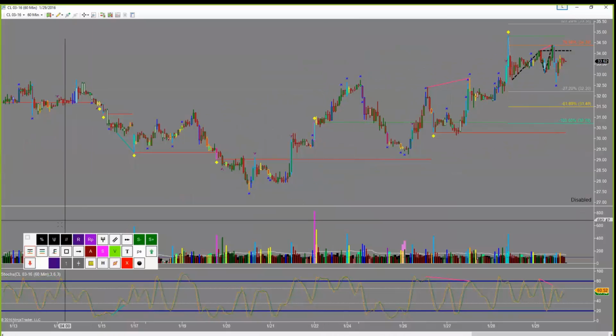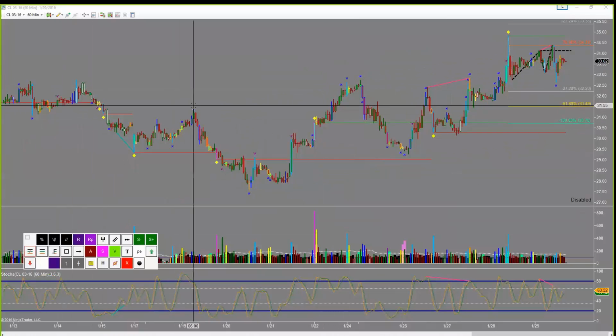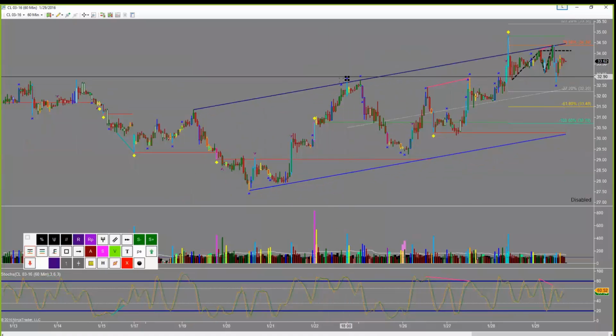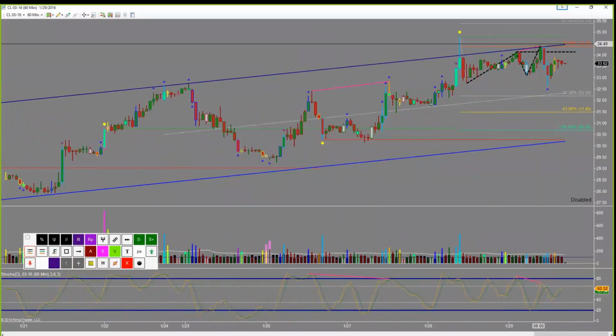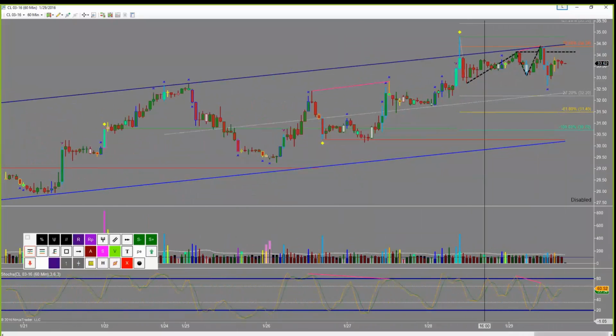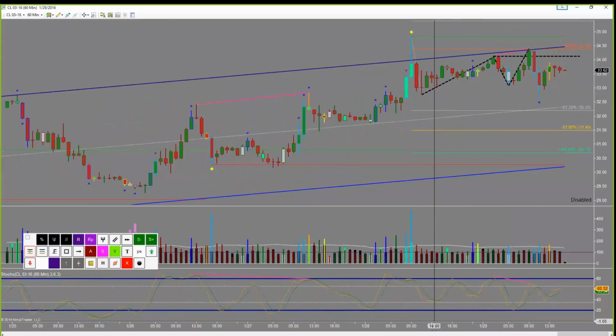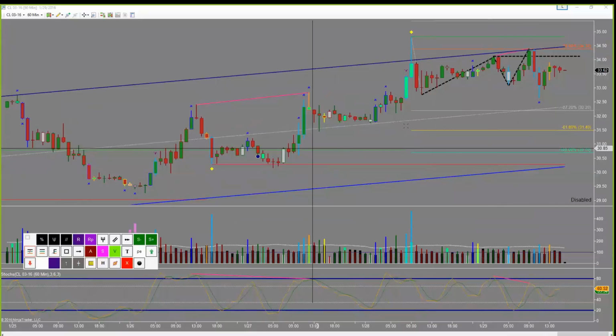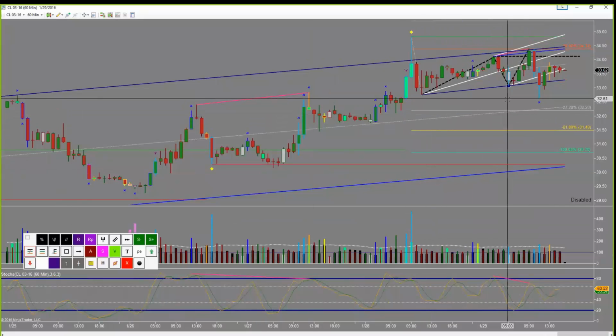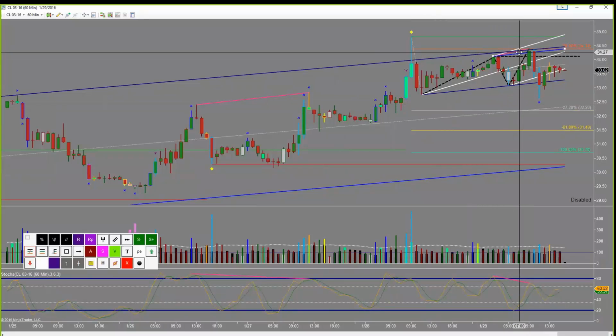Alright, so we also had a trend line from here that was acting as resistance as well. So I was waiting for that to be hit, and basically what we were waiting for was this high to be taken out right here, and then a move back up just a little bit higher through this.